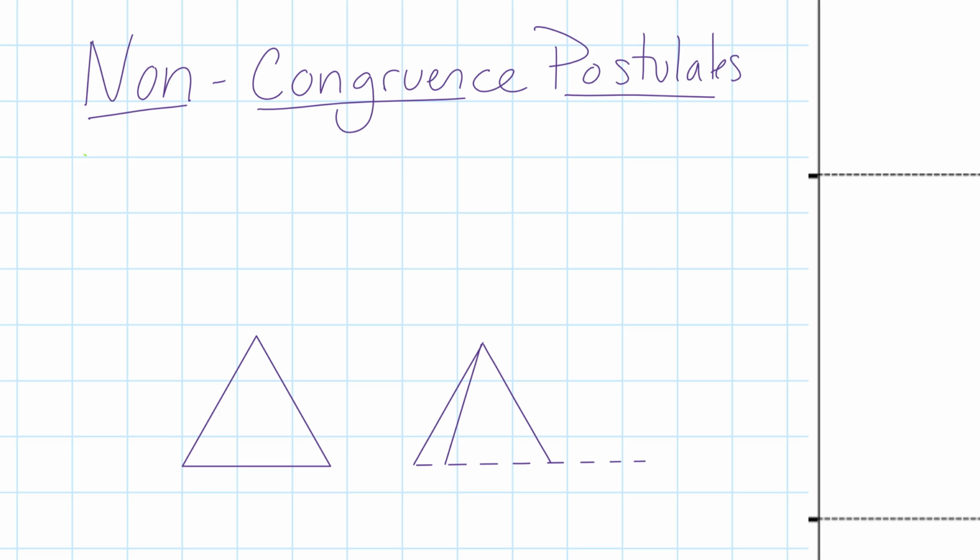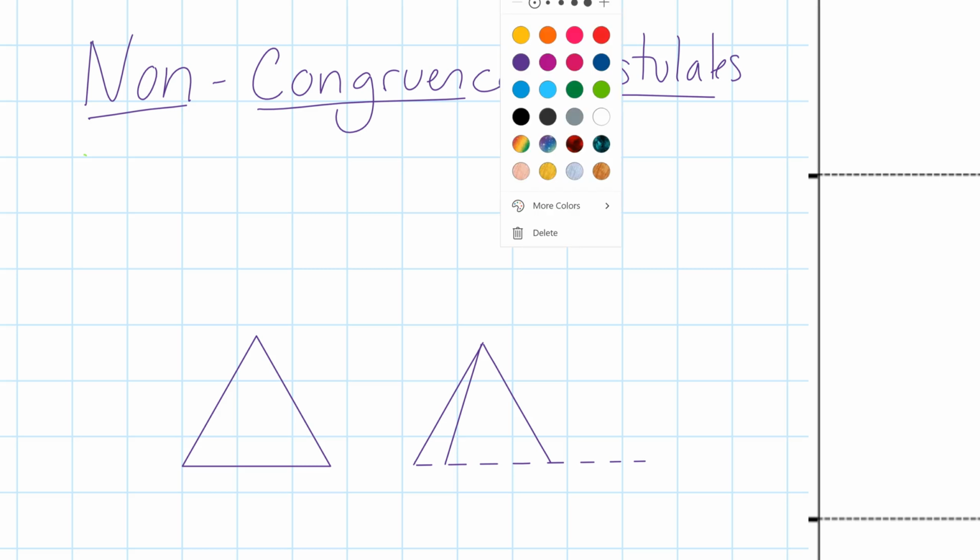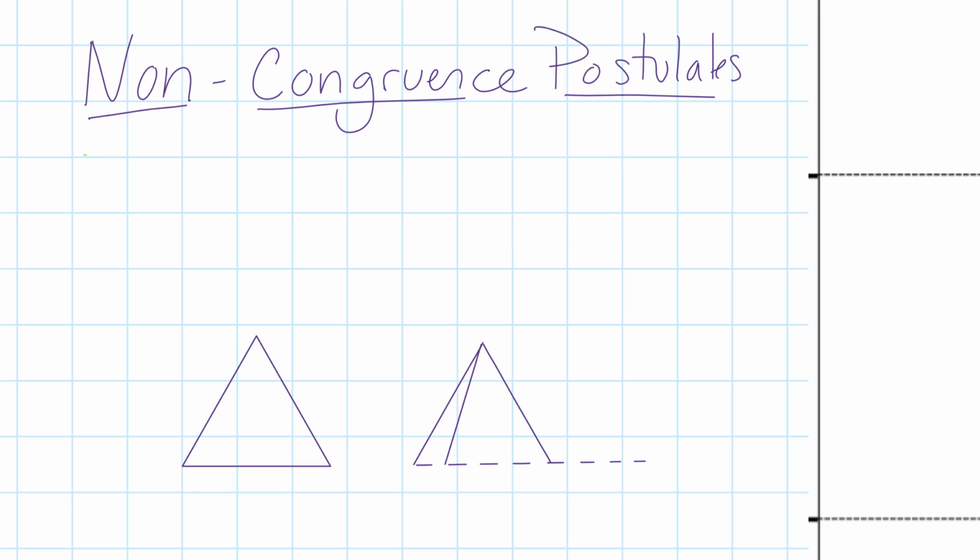Now, what do you think the non-congruence postulate is? What did we go over that I said does not prove congruence? ASS. Perfect. ASS. Angle, side, side.